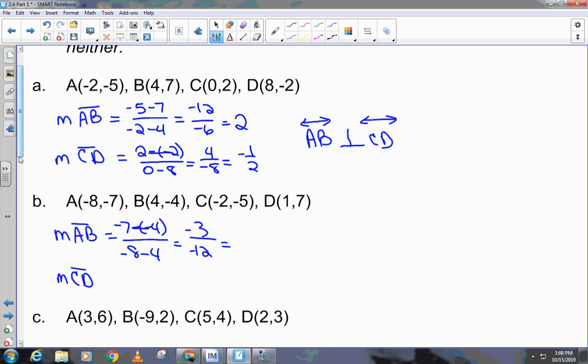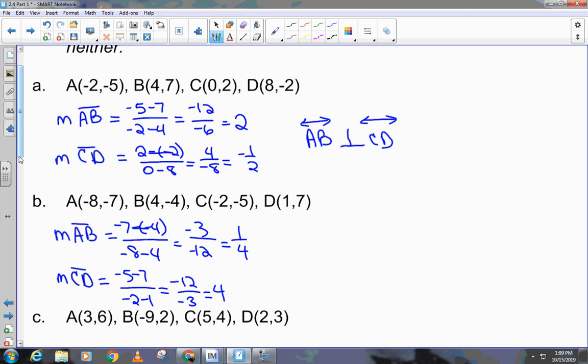What is negative 3 over negative 12? Positive 1/4. Okay. Do the same thing with CD. Subtract your y's. Negative 5 minus 7 over negative 2 minus 1. That gives me negative 12 over negative 3, which is equal to what? 4. What does that tell me?